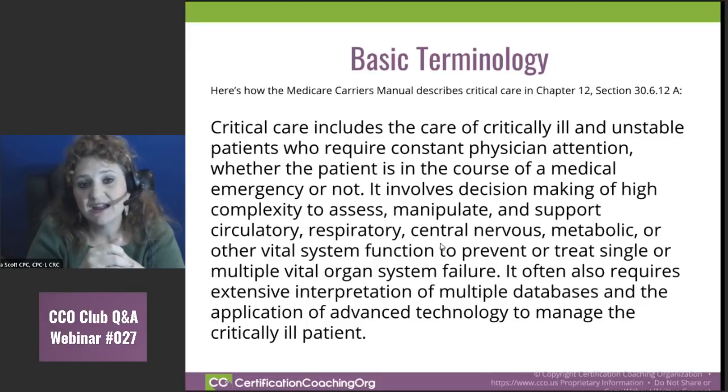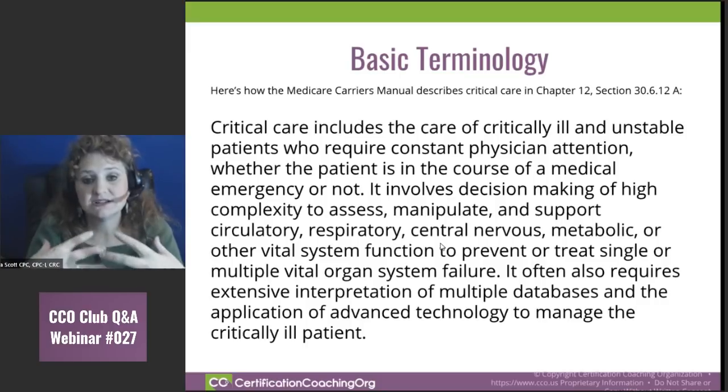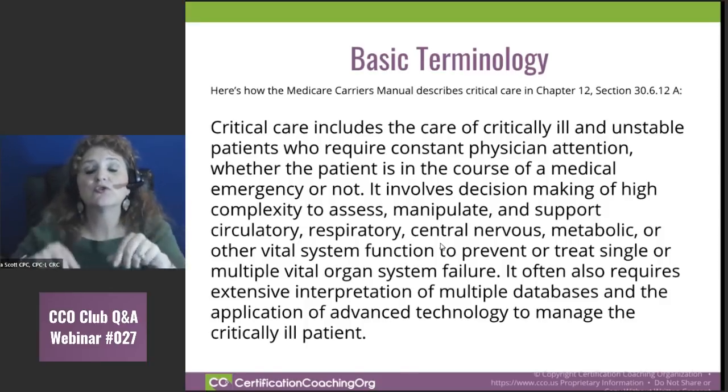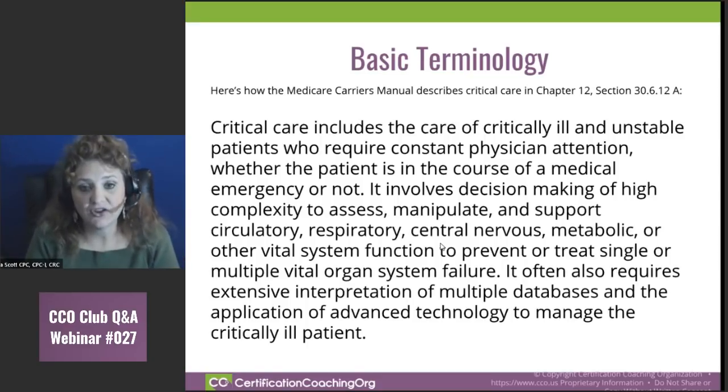Another thing, besides the medical decision making, that we need to work on: one of the organ systems failing is usually what we're looking at. So they have to be able to support the ones that are listed. They say circulatory, respiratory, central nervous system, metabolic, or other vital systems, so that they can prevent or treat organ failure.